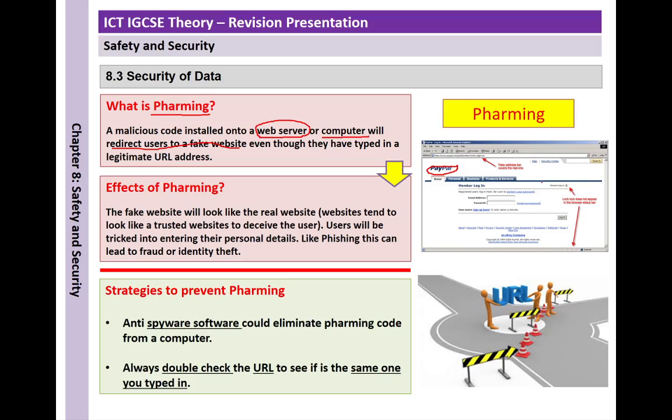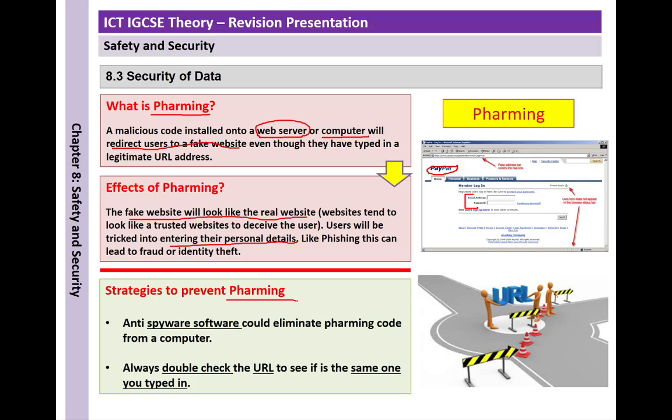Everything looks like PayPal or like your bank website, however it's just a copy of that website owned by the hackers. Once you insert your username and information, they will grab it, and then your account is hacked or stolen. Hence the fake website will look like the real website, and the user will be tricked into inserting their personal details inside it, and then their personal details will get stolen.